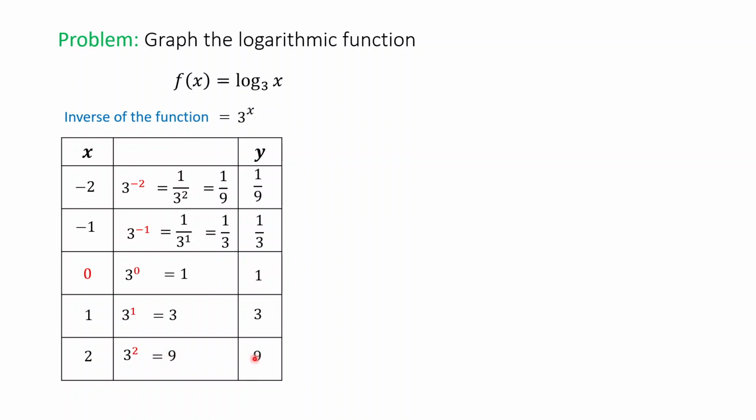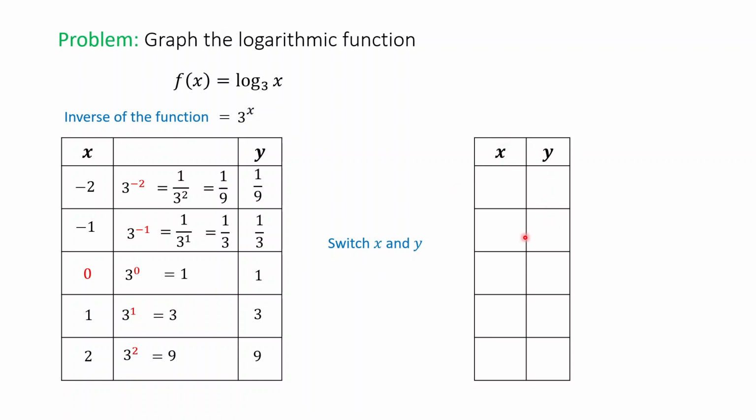So write this here. So now you need to switch x and y. Make a table. This y becomes x and this x becomes y. So 1 over 9, -2. 1 over 3, -1. 1, 0. 3, 1. 9, 2.